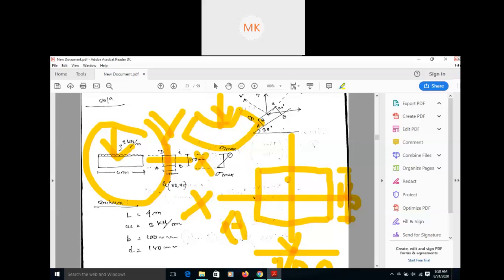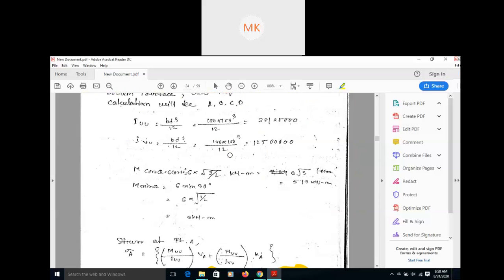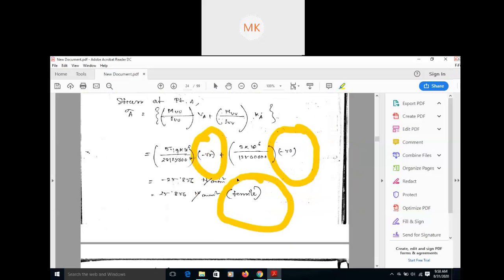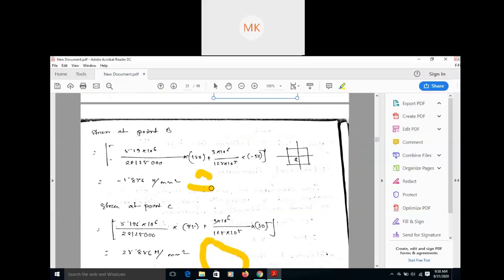So we can easily say, as per the loading system and for the beam, which part will be in compression and which part will be in tension. That's why you see here it is written tensile. Here you need to write tensile again because this is our B point.